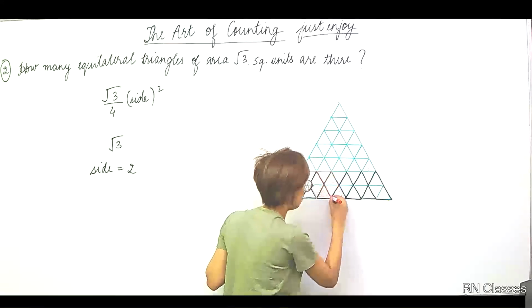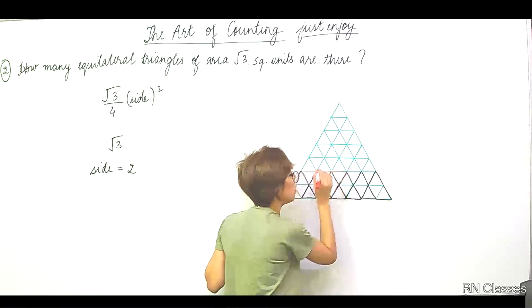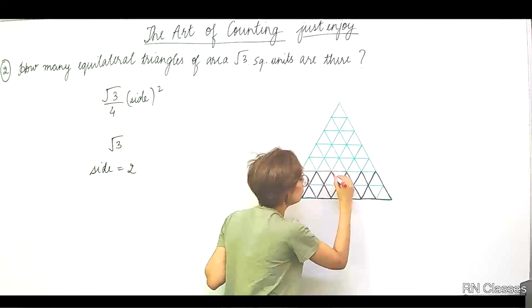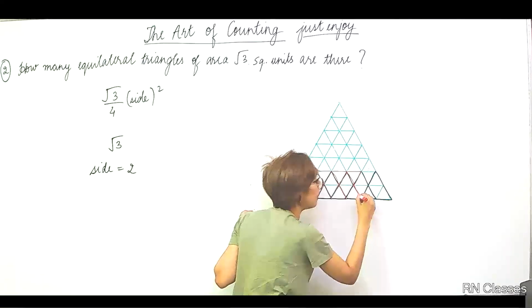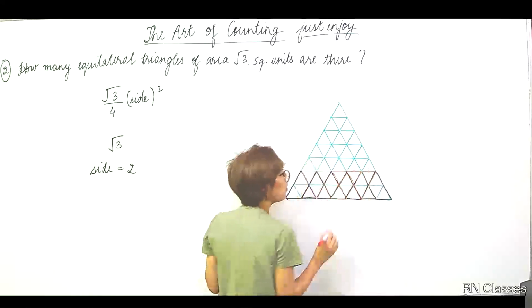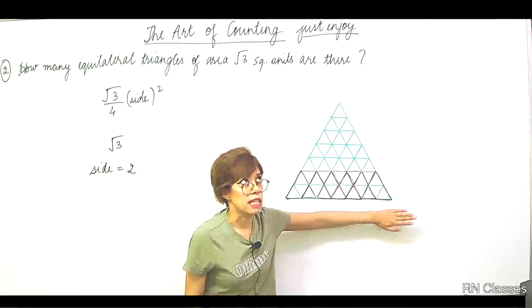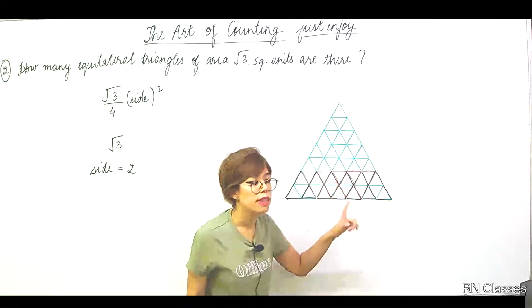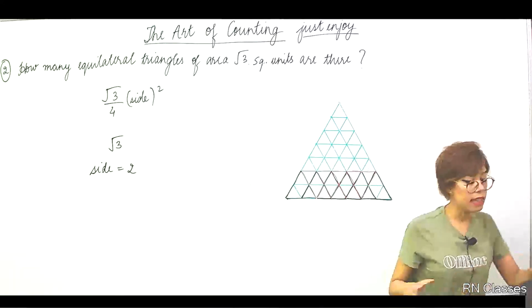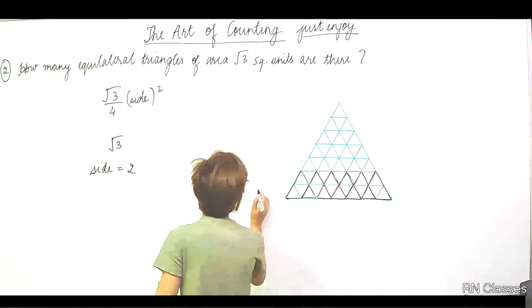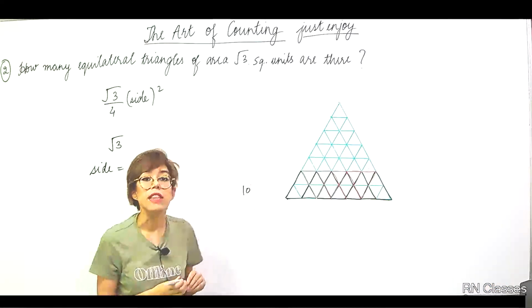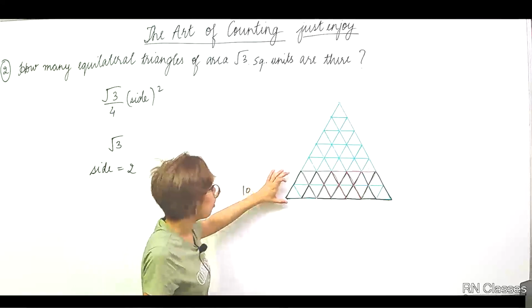Then another. 1, 2, 3, and then 4. Straight वाली कौन सी थी? 6. Inverted कितनी है? 4. Then that means total in this block there will be 10 equilateral triangles with side length 2. Right? ये block तो कर लिया.